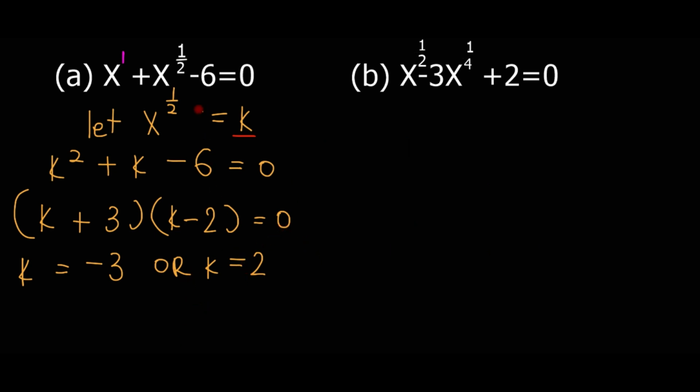So from here, because ke rile x to the exponent half e lekana le k, re la gore now mo ke bonago k ko substitute ka negative 3 and then ka substitute ka 2.